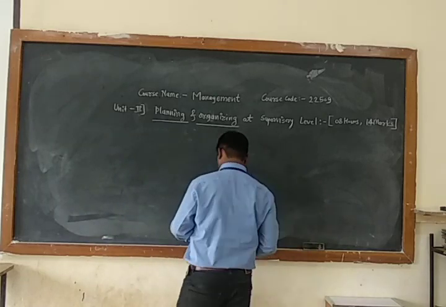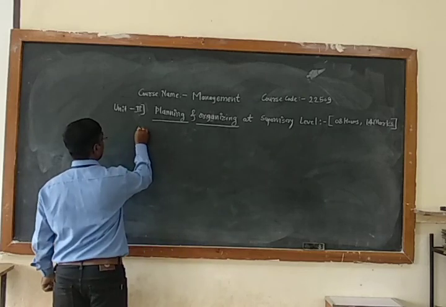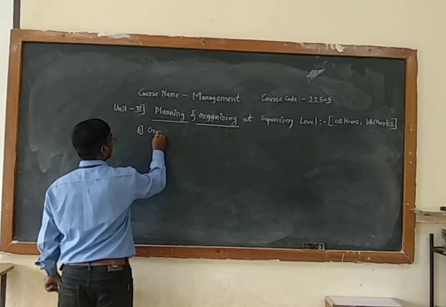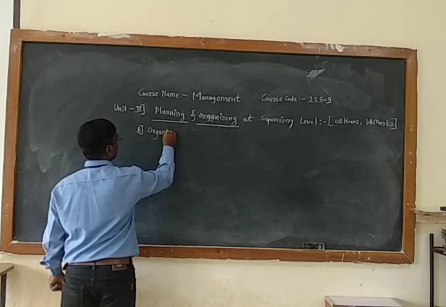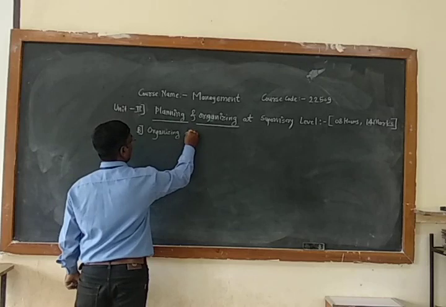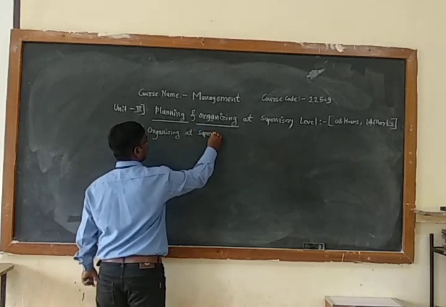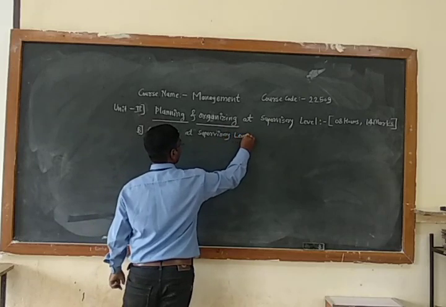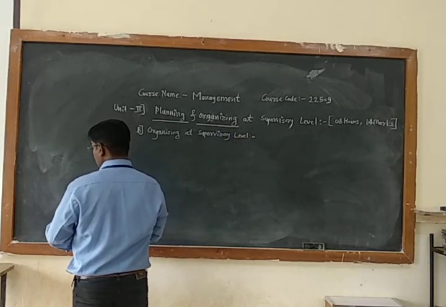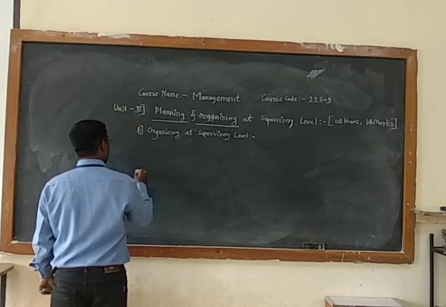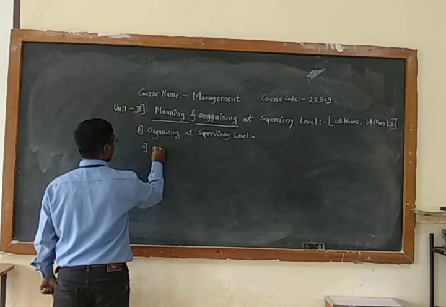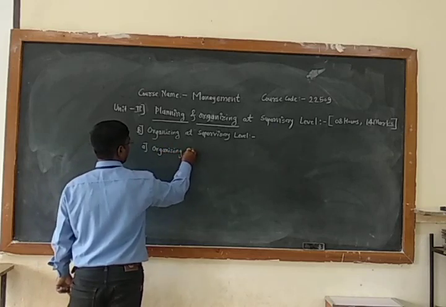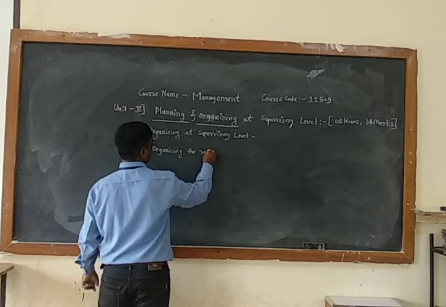Next part is B, organizing at supervisory level. Now this should contain: the first one, organizing the resources.